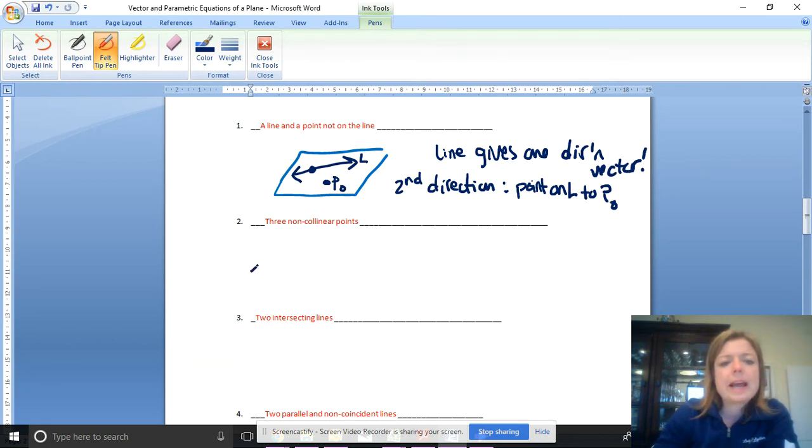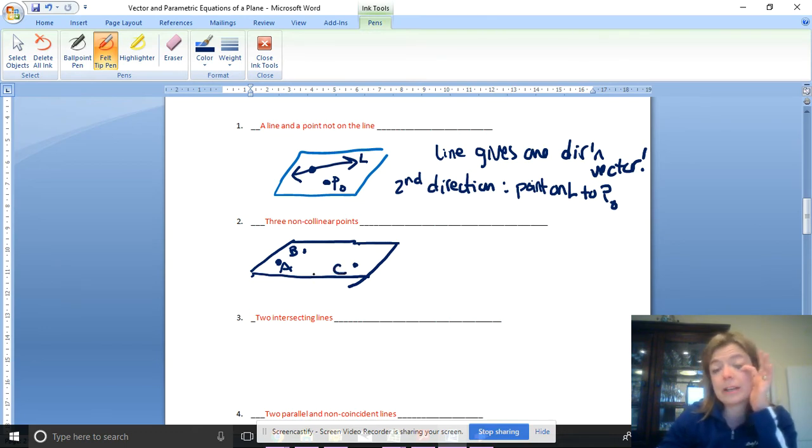The next way that you can find the equation of a plane is if you're given three non-collinear points that are all on the plane. So let's say A, B, and C. If you're given three non-collinear points that are all on the plane, you can find the two direction vectors, AB and AC, and then just use any of the 3 points as the point.